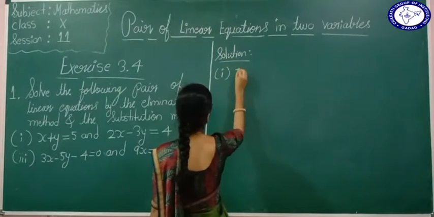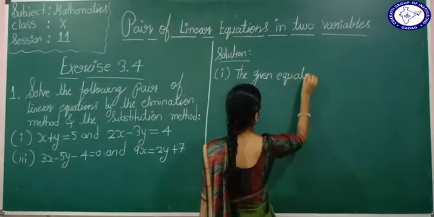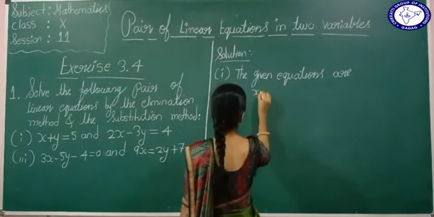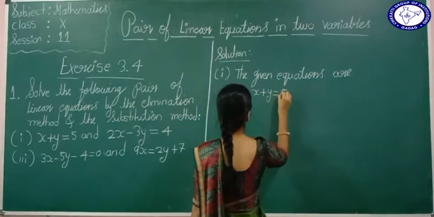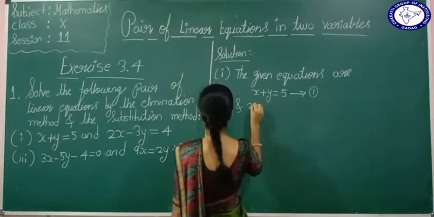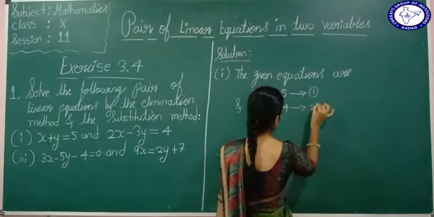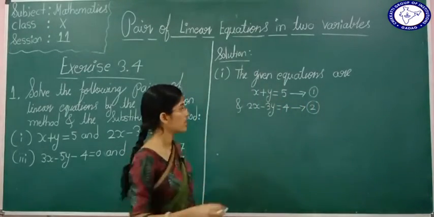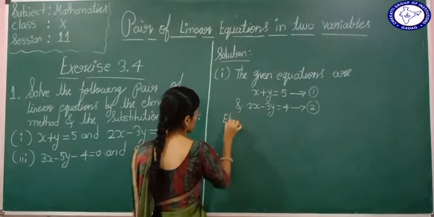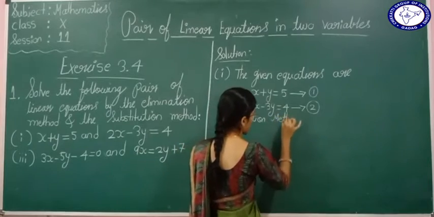First one, the given equations are x plus y is equal to 5, this is equation number 1, and 2x minus 3y is equal to 4, this is equation number 2. Okay. Now see here, first they told to solve this problem by the elimination method.